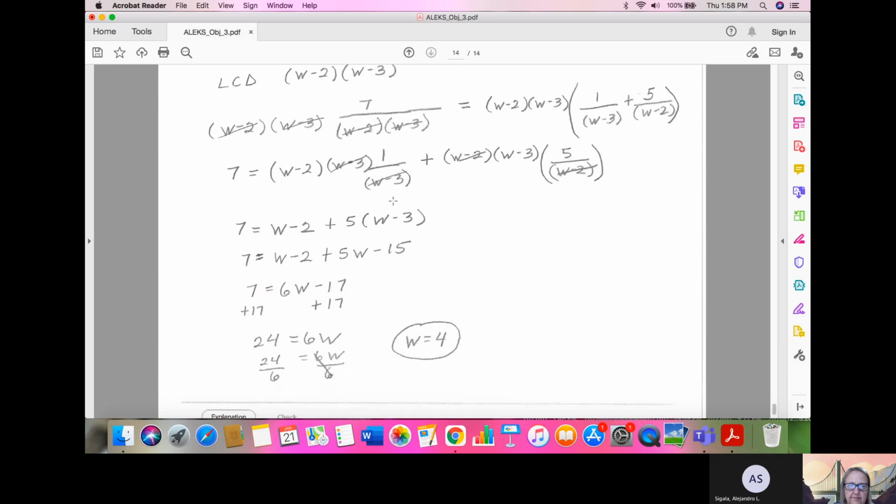Yes, you're adding the W minus 2 plus the 5W minus the 15. So 6W and then minus 15, minus 17. Yes, and then plus 17 on both sides, to try to get the W by itself.